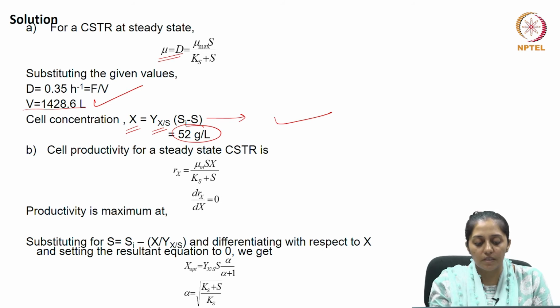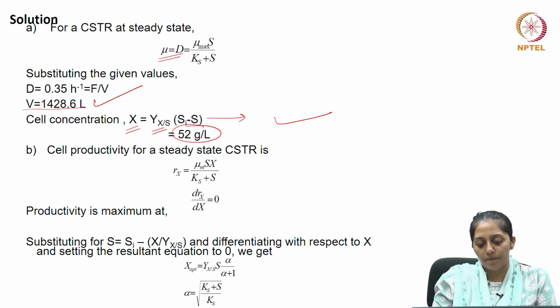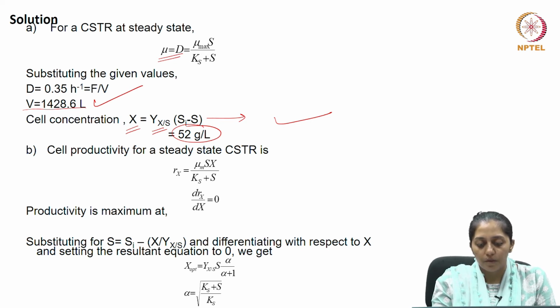So, let us first try to find out what should be the dilution rate at which maximum productivity can be obtained. So, it is being operated for maximum productivity. So, we know Rx is nothing but dx by dt, which is mu m S upon S plus Ks by Monod's model.